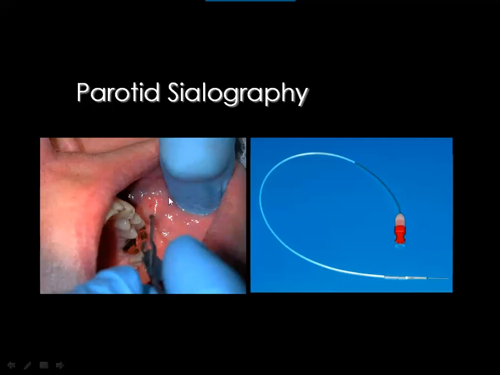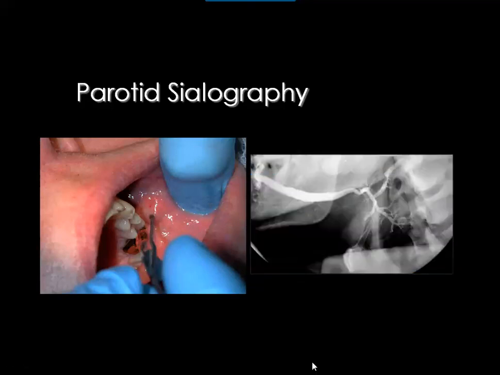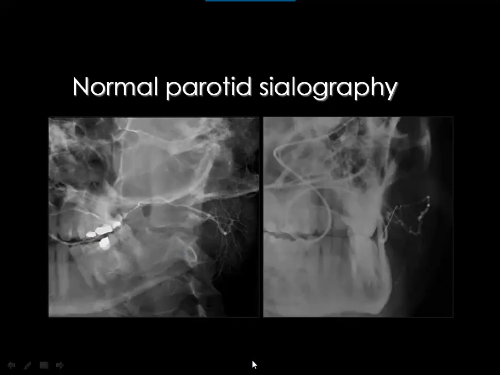Whenever you open the mouth of the patient and push his cheek, you can easily identify the opening. Then you cannulate and inject radiopaque contrast medium. Then you have films, and after injection of contrast, you can see the main parotid duct as well as the intraglandular branches. And you may have the lateral view, the oblique view, and the frontal view.